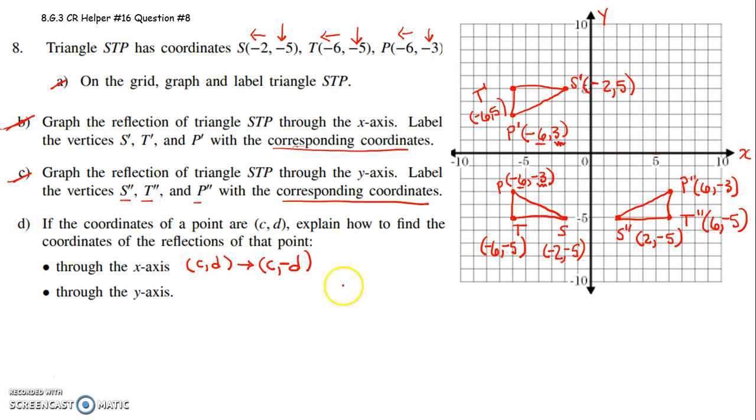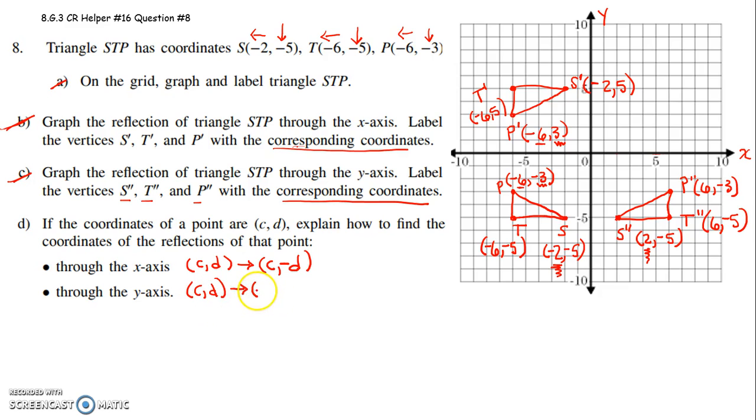And now over the y-axis, if we start with (C, D), we take a look at S and S double prime. Now look at those original x coordinates. How do they change? Went from negative to a positive, so it changed sign. And how do we show that we've changed sign?